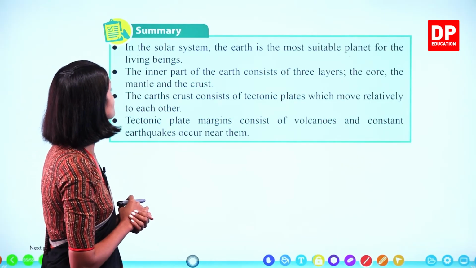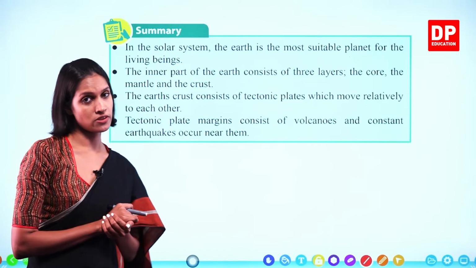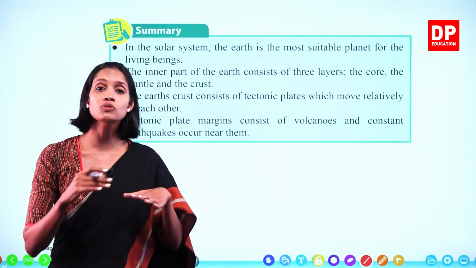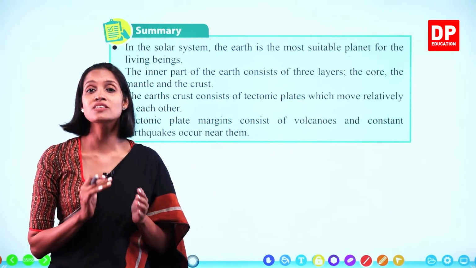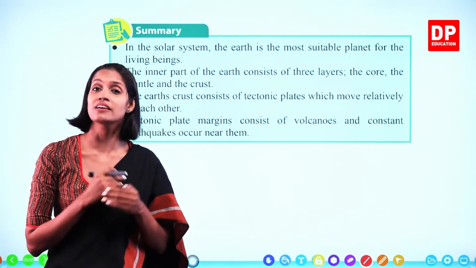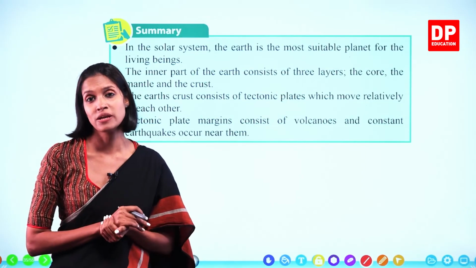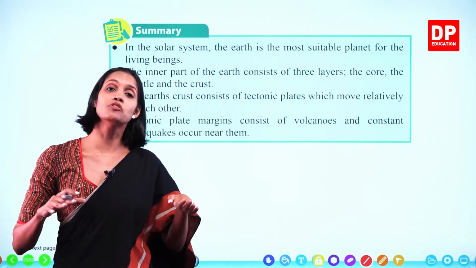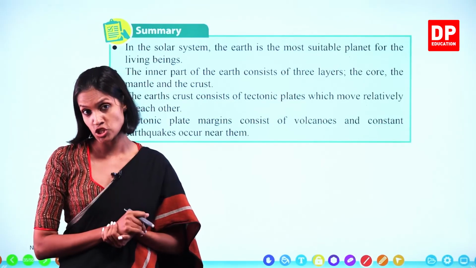The Earth's crust consists of tectonic plates which move relative to each other, right? We learned that the Earth's crust is divided into large slabs of rock which are known as tectonic plates. These tectonic plates move relative to each other. We learned that there are 3 different ways of moving. Sometimes they move away from each other, sometimes they move towards each other, and sometimes they just slide past each other.